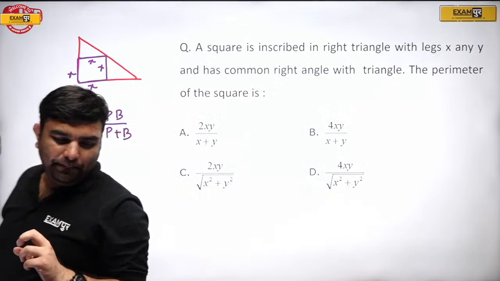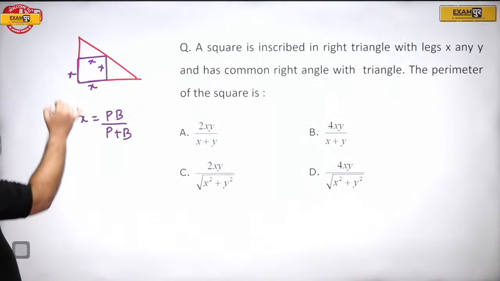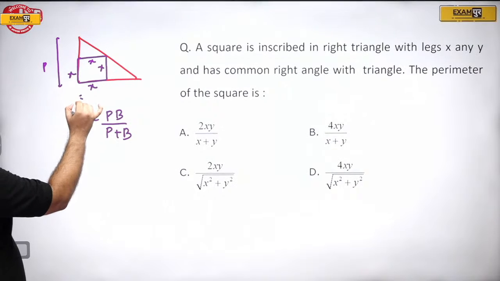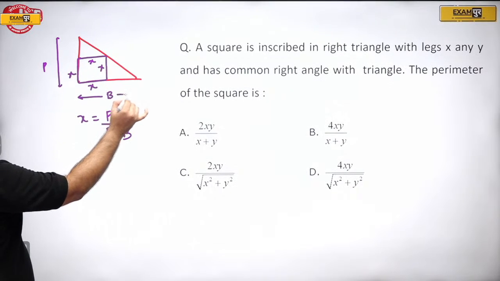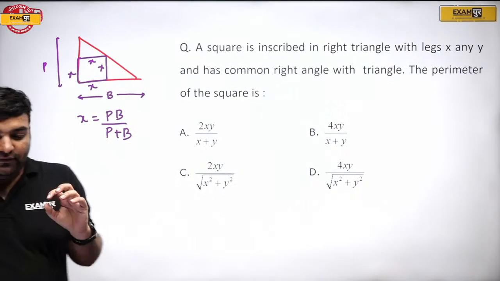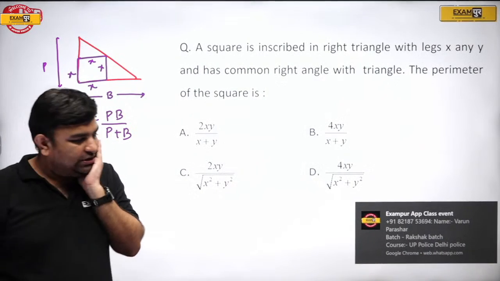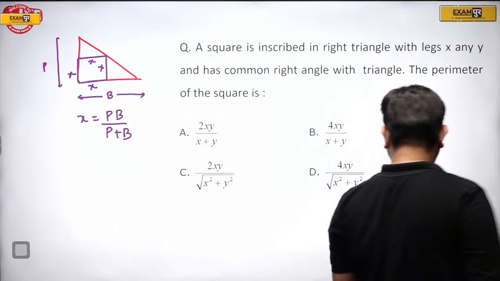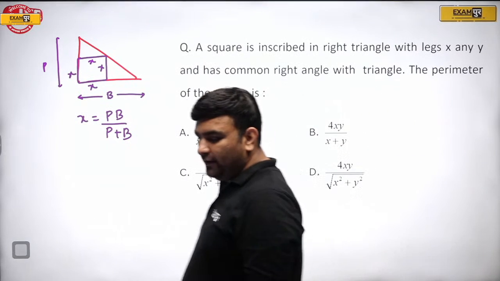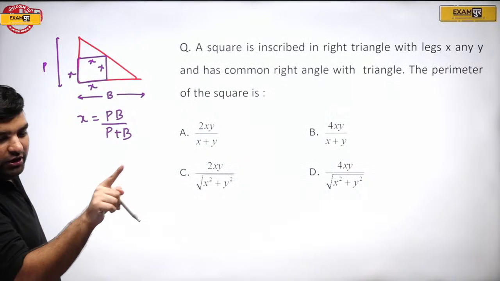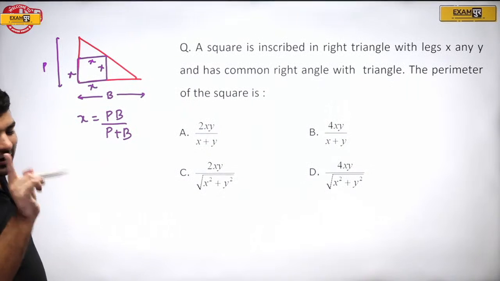This is the perpendicular side of the right angle triangle and this is the base side. Even the derivation is very easy. If you will ask, I will do it. If you will not ask, I will skip it.